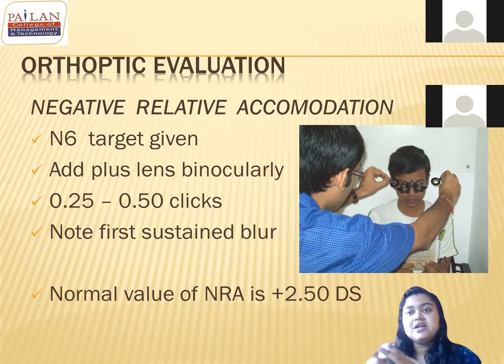Similarly, if it is clear, then you take the plus 0.75 from the trial box and put it in the front side or the back side, wherever it is, put plus 0.75 first, and then you remove the plus 0.5. So slowly in this way you increase the amount of plus lenses and find out at what point the patient is having the first sustained blur.